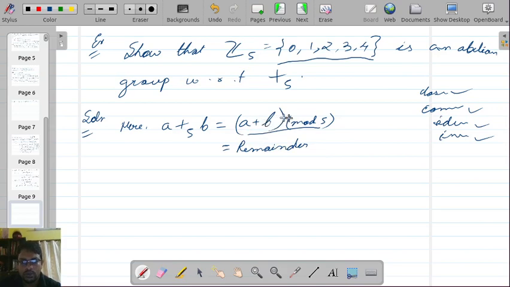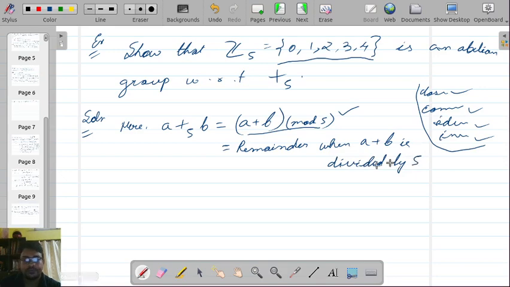So to make sure you do not fall into the trap of notations, you write both: a plus b mod 5, and in the next line you write the remainder when a plus b is divided by 5. Okay, so let us construct the composition table.